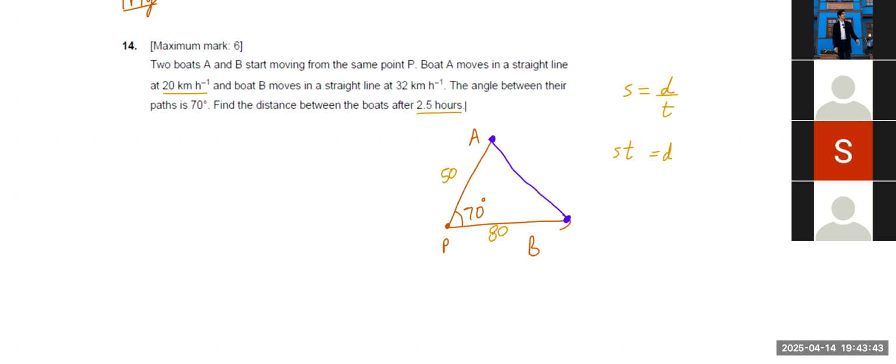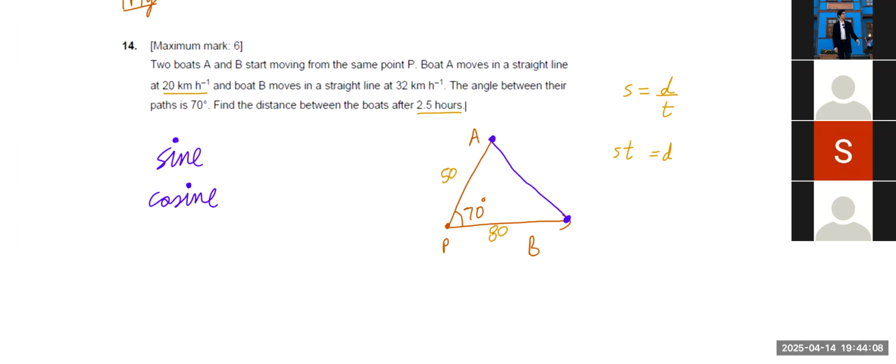Wait, no, it's the tan rule. No, there is no tan rule. I mean, there would be if this was a 90-degree triangle, basically. But this is not a right angle triangle, so I cannot use the SOHCAHTOA stuff. I have to use either the sine rule or the cosine rule, basically. Right? And okay, so Sophia, what do you think? Which one should I use?